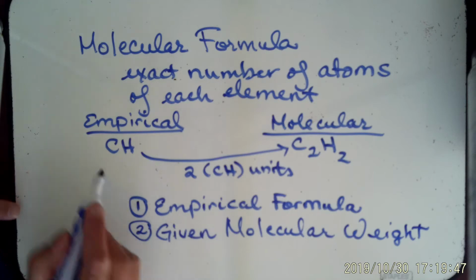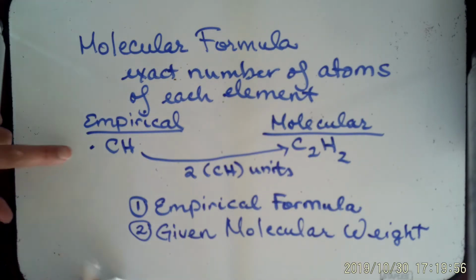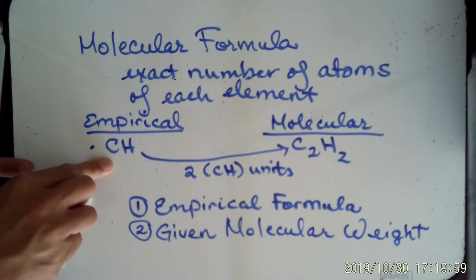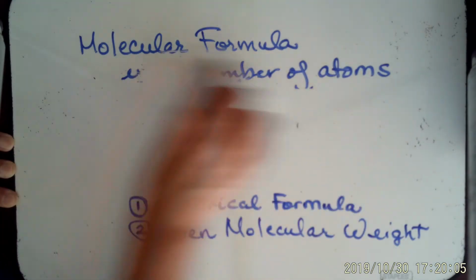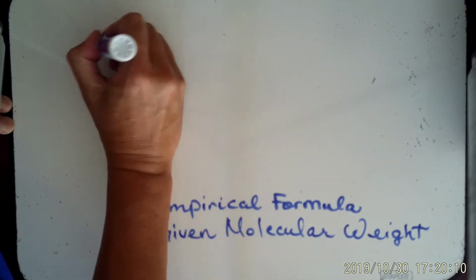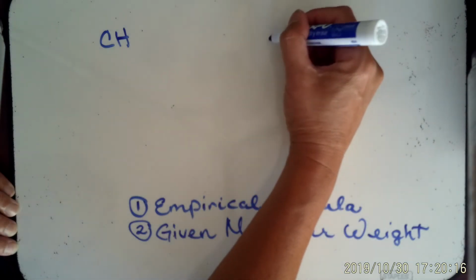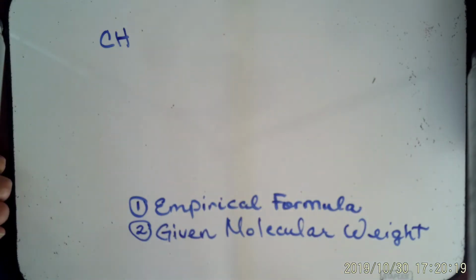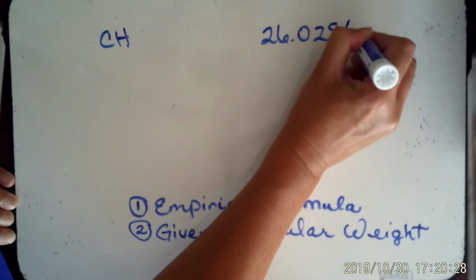So, how do we do this? Let's do it with this example first, and then we'll do a second, more elaborate sample. So in this example, the empirical formula we have is CH. So how do we get the molecular formula? If our empirical formula is CH, and we know the molar mass, the molecular weight, and that's going to be, say, 26.02 grams per mole.